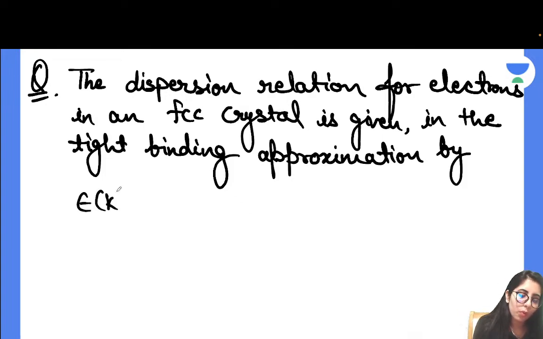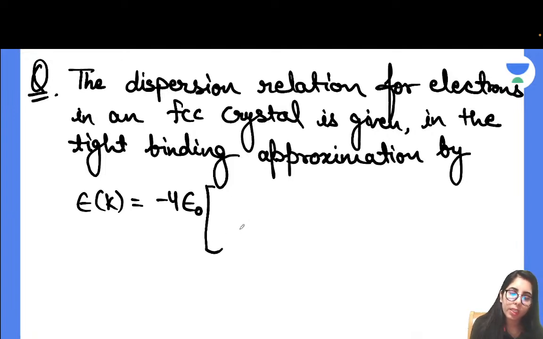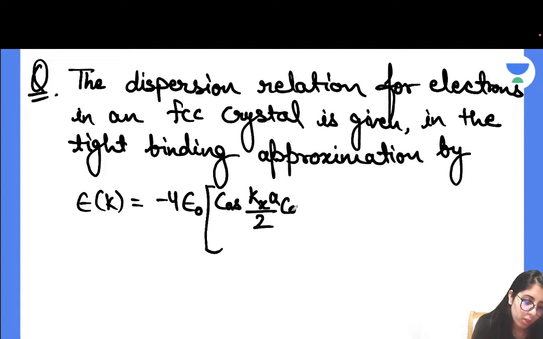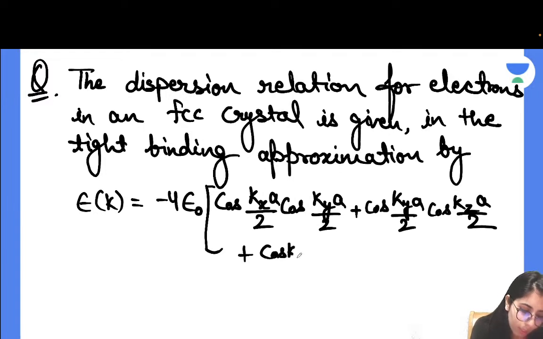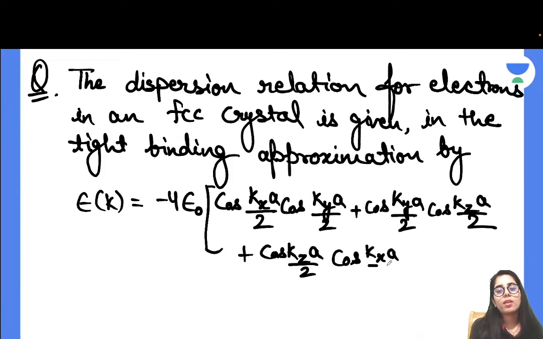This question is even going to give you an idea about another point, which can help you make things quite simple and easy. So the expression is cos kxa over 2 cos kya over 2, plus cos kya over 2 and cos kza over 2, plus cos kza over 2 and cos kxa over 2.